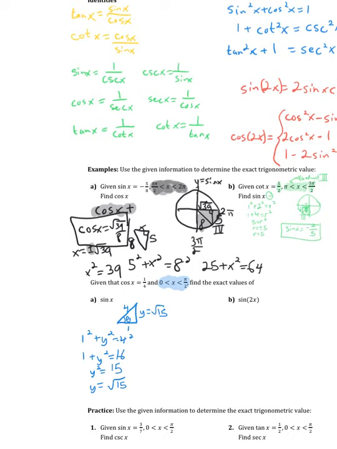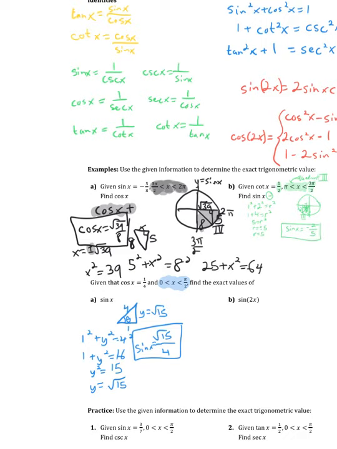So to find the sine function, I would say square root of 15 over 4. That's sine of x, because it's just opposite over hypotenuse.